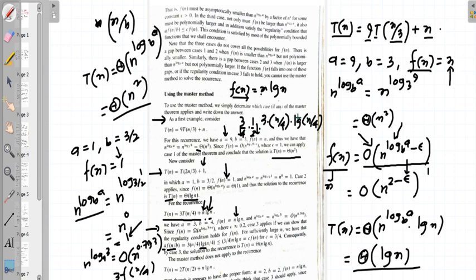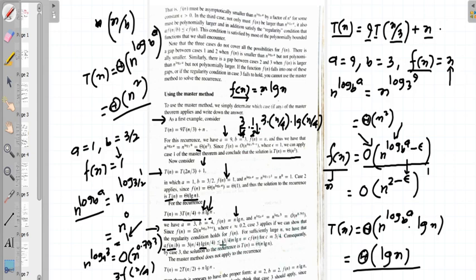So we have separated it, and then we can write that this is less equal to 3 by 4 n log n, right?